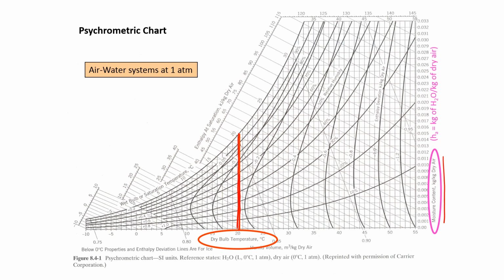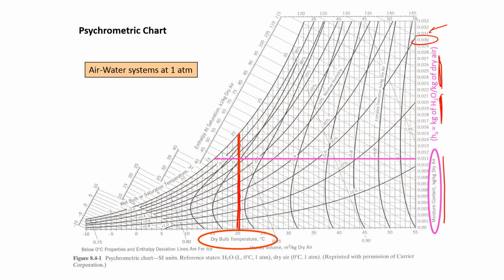So this is on a dry air basis, and the denominator is dry air, but it's how much water you have divided by the mass of the air. And so you can see these numbers are very small. So 0.03 kilograms of water per kilogram of air, for example, would be right here.